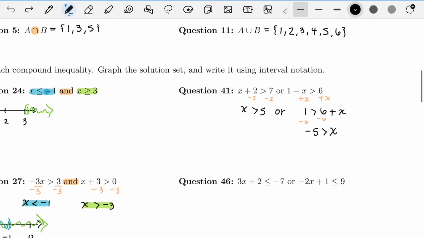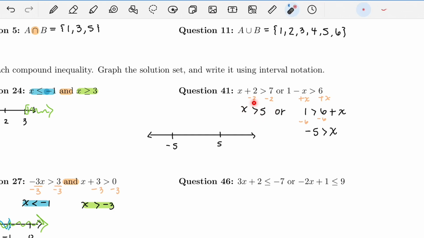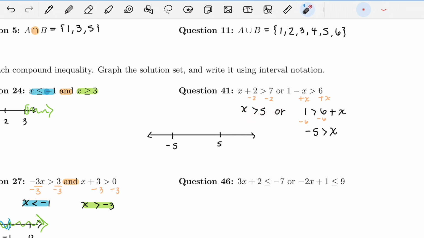So if we were to graph this on our number line here, there's a lot of numbers in between -5 and 5, so I'm just going to plot them like that. For this first one, we're looking at values that are greater than 5. And for the second, less than -5.